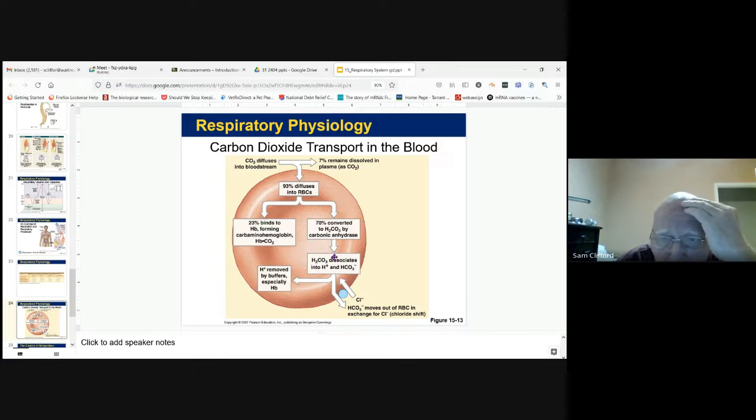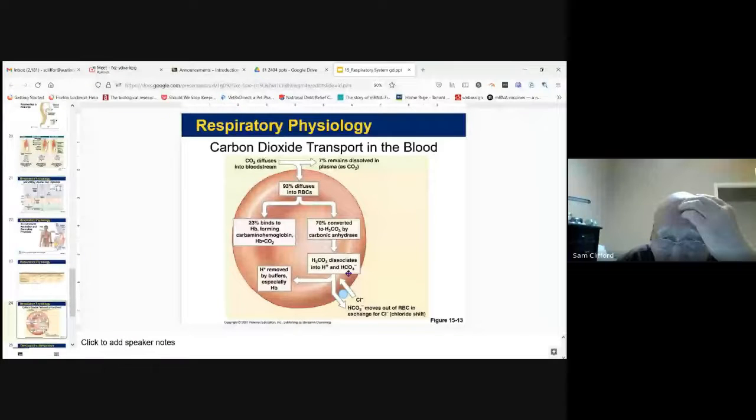And in the tissues, this bicarbonate leaves the red blood cells after the conversion of CO2 plus water gives carbonic acid, which dissociates into hydrogen ion and bicarbonate. And the bicarbonate moves out. When that negative charge leaves, we have the shift where chloride moves in from the plasma.